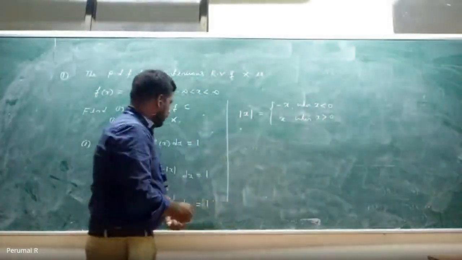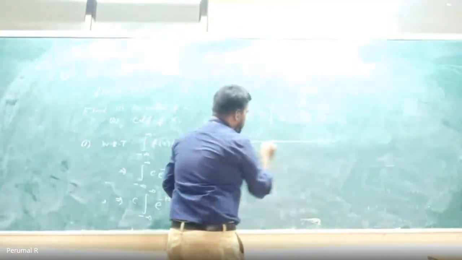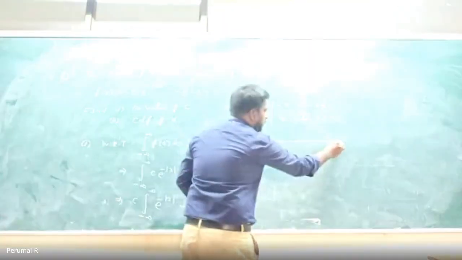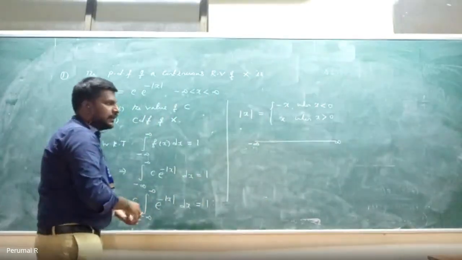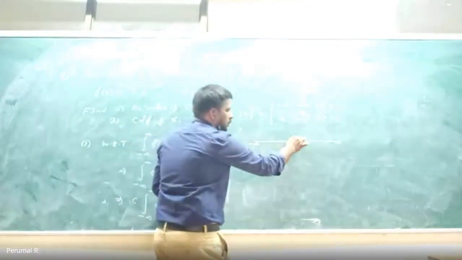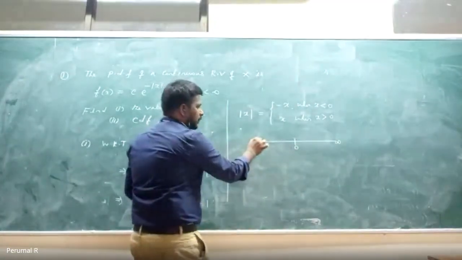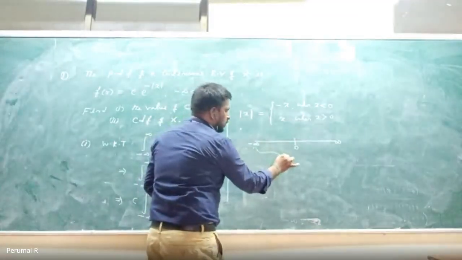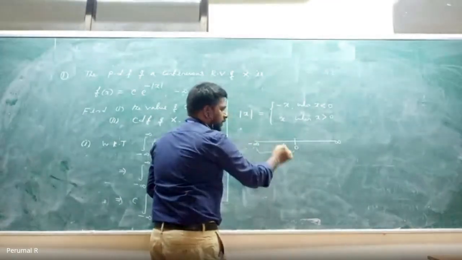So here we have the interval minus infinity to infinity. We can't integrate directly here. That's why you break the interval at 0.